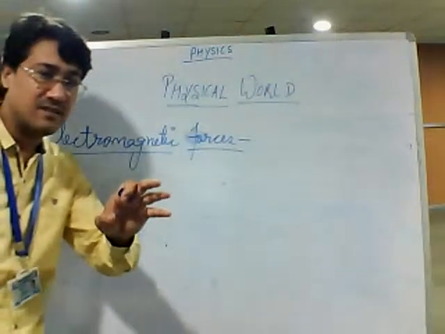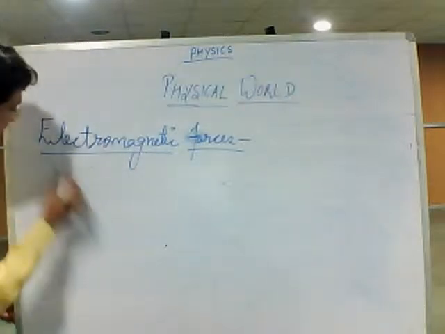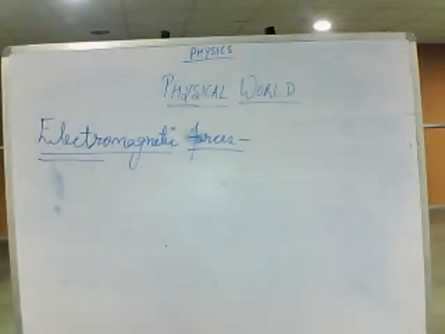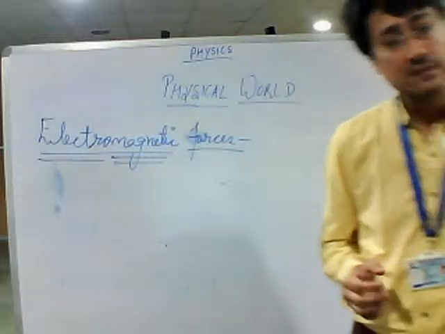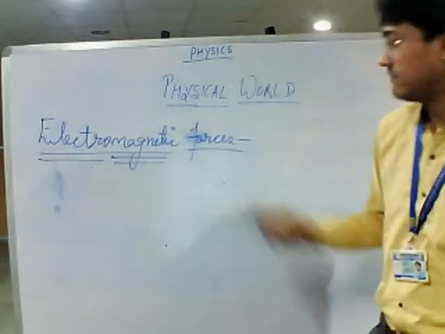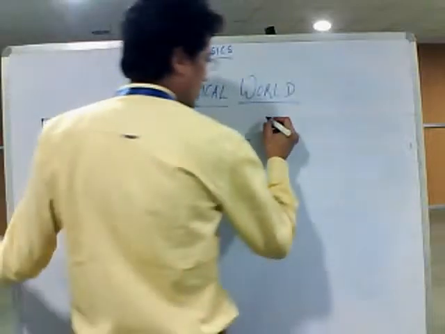So we have two parts in this: electro and magnetic. One is electro and one is magnetic. As we have two parts, first I am going to tell you about electro.